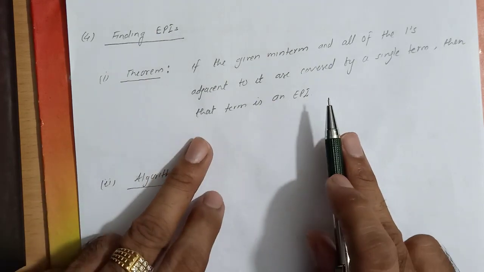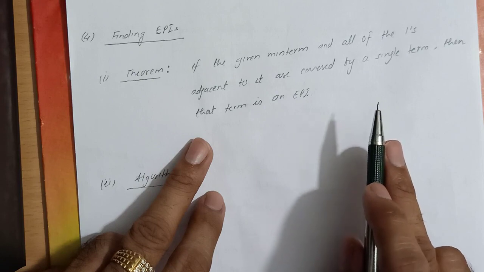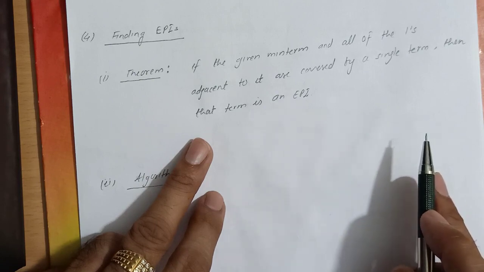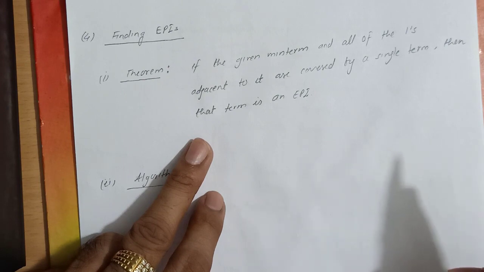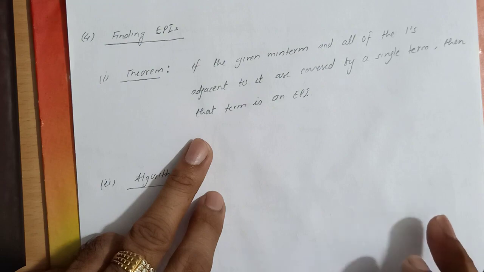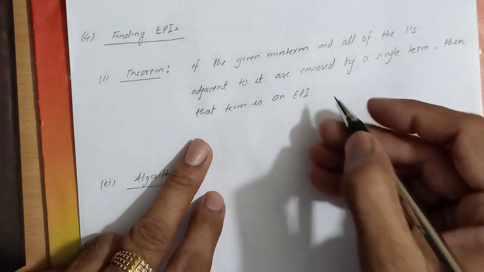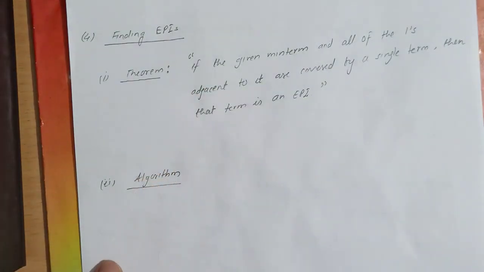Based on this statement, if any minterm and all the adjacent ones or don't cares can be covered by a single term, then that term is called the essential prime implicant. So this is one important theorem that is related to the essential prime implicant.